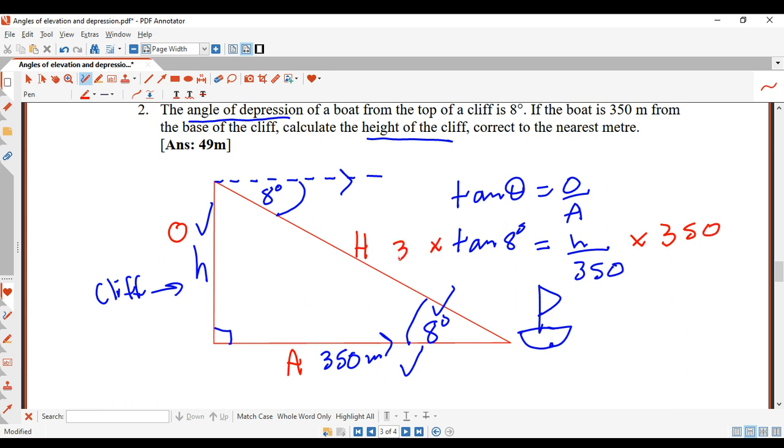The 350s cancel, and that gives you H is equal to 350 times tan 8, which is 49.18 dot dot dot. You approximate that to the nearest metre, so it'll be 49 metres. Okay.